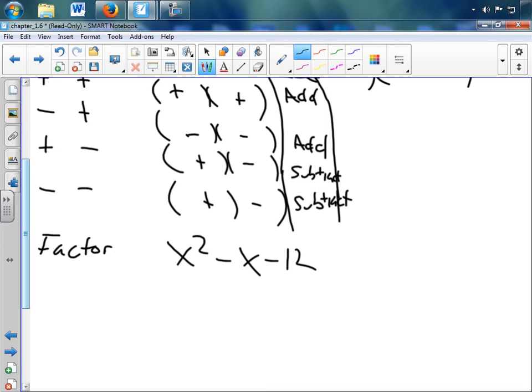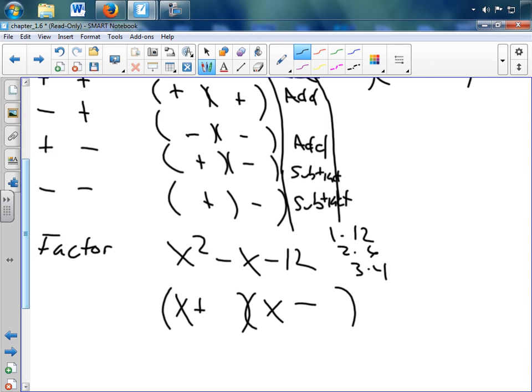Now it's going to be minus minus, so the factored form is going to be plus minus. The first term, what times what gives you x squared? X, right? Remembering this, Casey? Okay. Now, the factors of 12: 1 and 12, 2 and 6, 3 and 4.